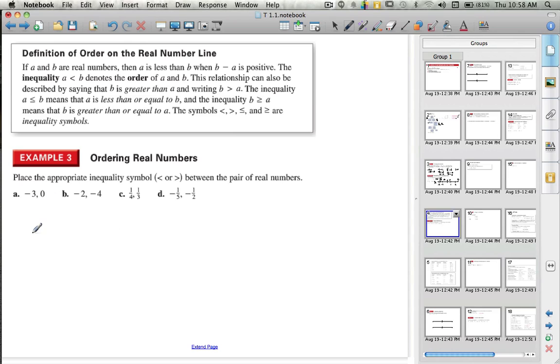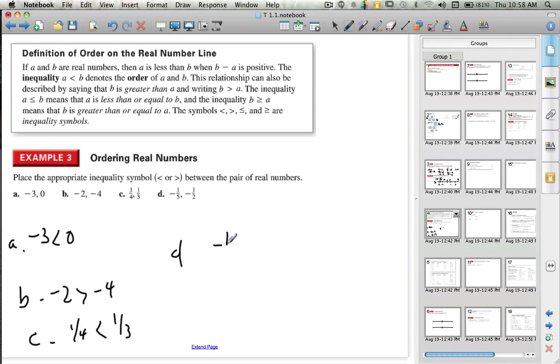So if I'm going to relate -3 and 0, -3 is less than 0. -2 is greater than -4 because it's to the right on the number line. See, 1/4 and 1/3, well, 1/4 is less than 1/3. And D, -1/5 is greater than -1/2.